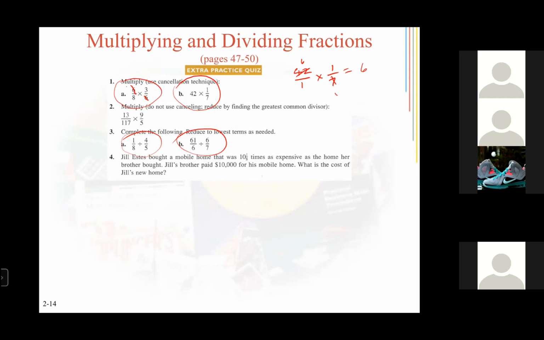Okay, so 3A, what do we make of that one? 1/8 divided by 4/5 is going to be equal to 1/8 times 5/4. And our final answer would be 8/20.